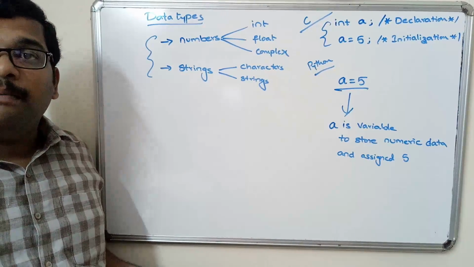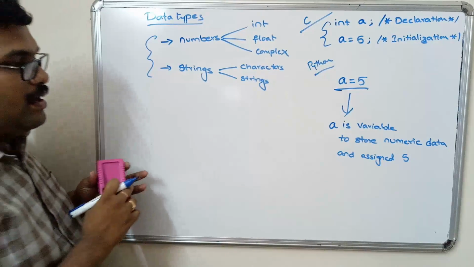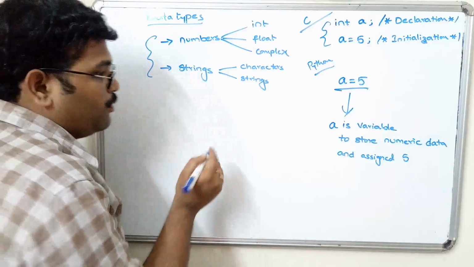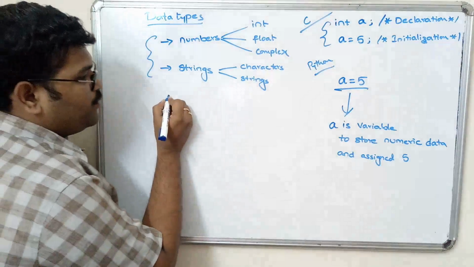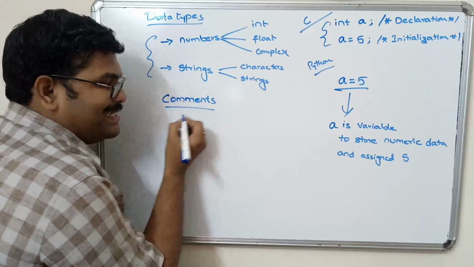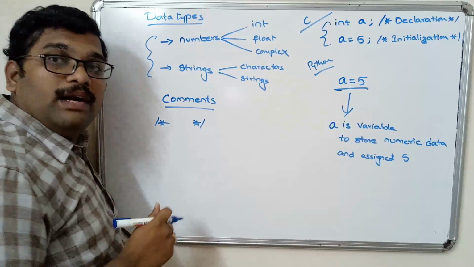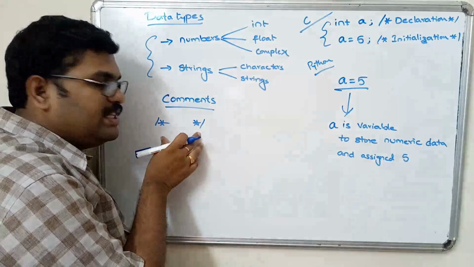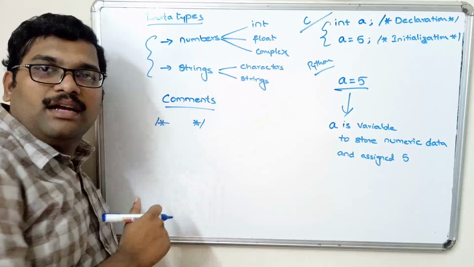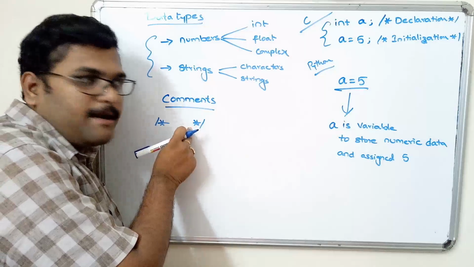Coming to the comments. How can comments be used in Python programming? In C, we have to use these symbols. Whatever data is written in between these two symbols will be considered a comment, so that data will not be executed by the compiler.